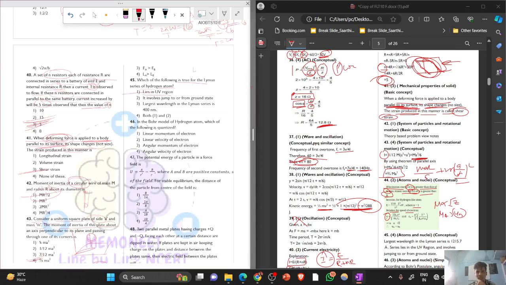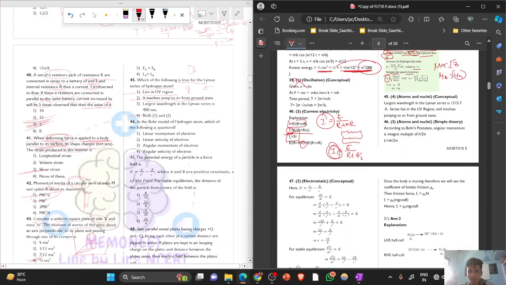It involves jump of an electron to or from the ground state. Largest wavelength will be this. It involves a jump from the ground, because for first Lyman, the final will be your ground and initial will be any. So the jump is to or from ground. So the second will be correct, or first and second both will be your correct answer.